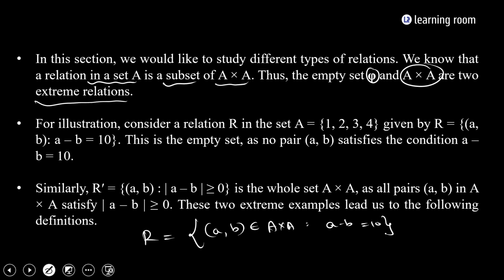So what is the meaning? I gave you a set A {1, 2, 3, 4}. You give me a relation of ordered pairs such that the difference between the first number of the ordered pair and the second number of the ordered pair should be 10.